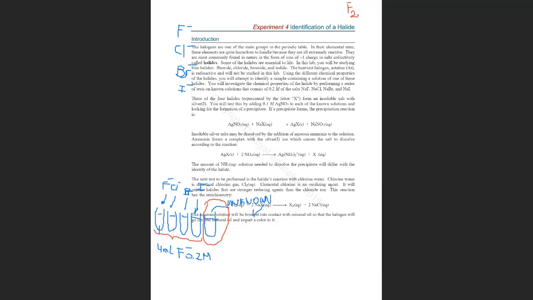And then what do you do? You add to the 5 tubes 2 drops of silver nitrate.